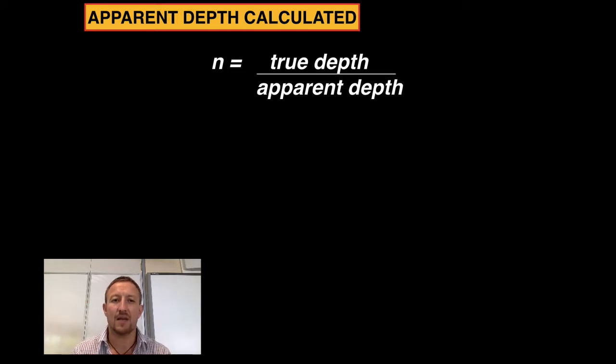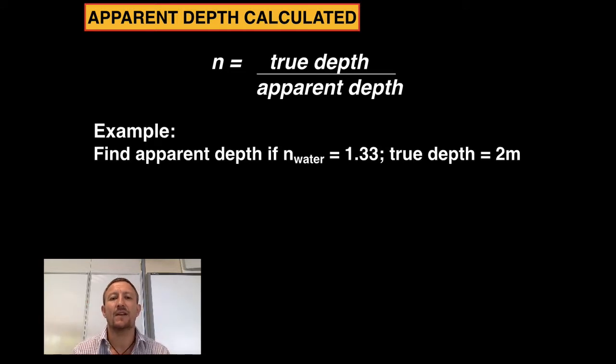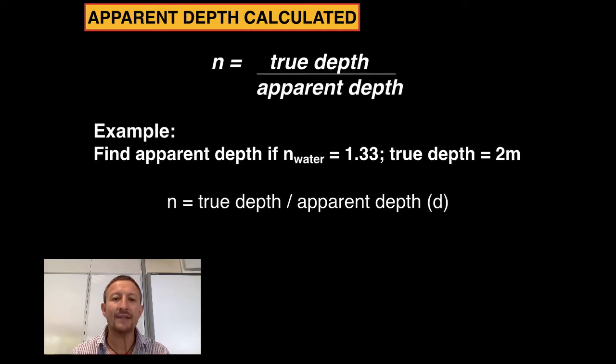So let's use an example. I've got to find the apparent depth in water, which has a refractive index of 1.3, and the true depth of the object is 2 meters. So it could be a coin sitting at the bottom of the pool 2 meters away. So I use the formula n equals true depth over apparent depth, and basically I'm going to rearrange it so that I can then find what the apparent depth is.